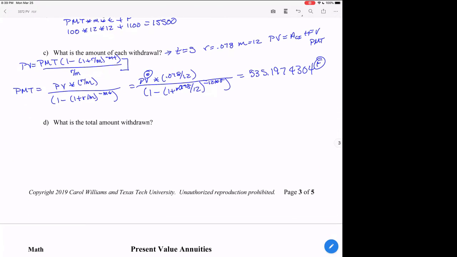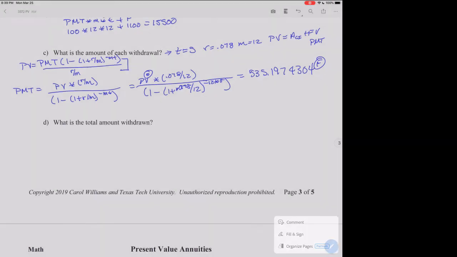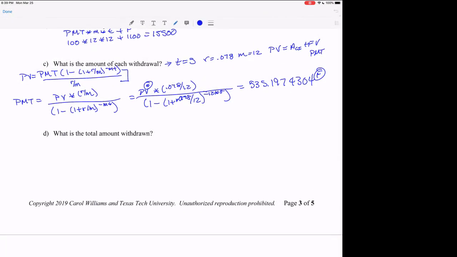Then I want to find out what was the total amount withdrawn. So I take my payment times my time. Now this will be my 5 years times my number of compoundings, so times 12, times this 535.19744304.